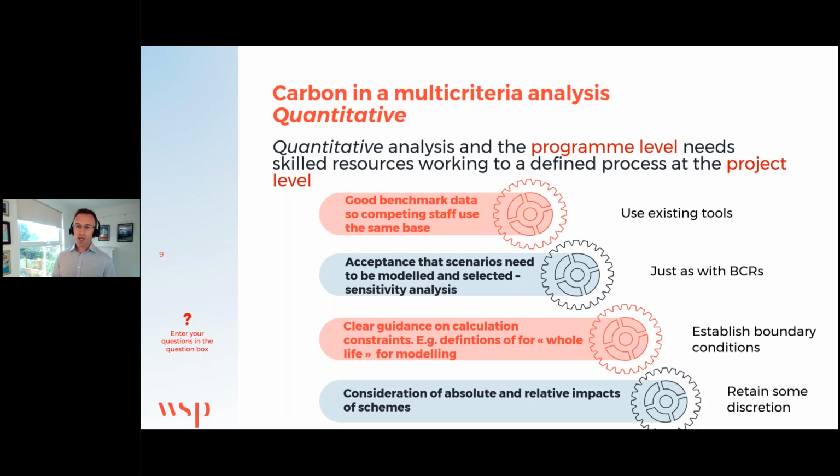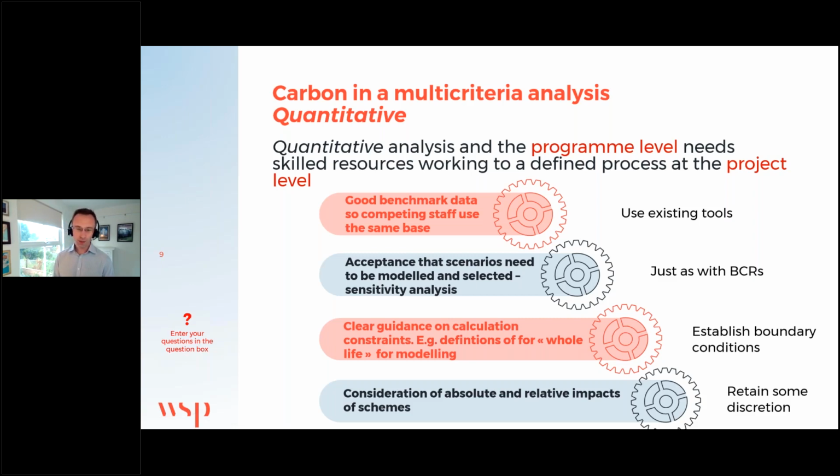And then finally, you also need to have some consideration of what the absolute and relative impacts of schemes are, because some schemes, even if you do them in a traditional way, their overall impact is going to be very minimal, like a fencing project, one of my colleagues mentioned.